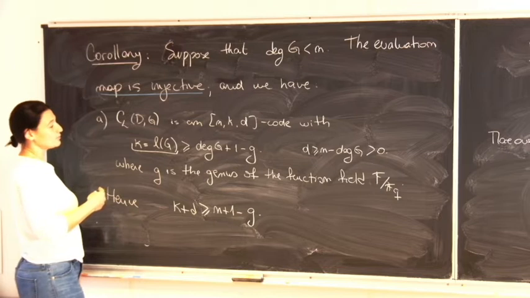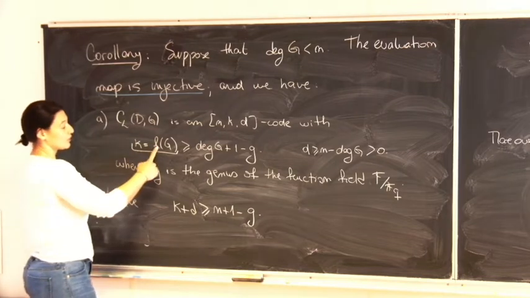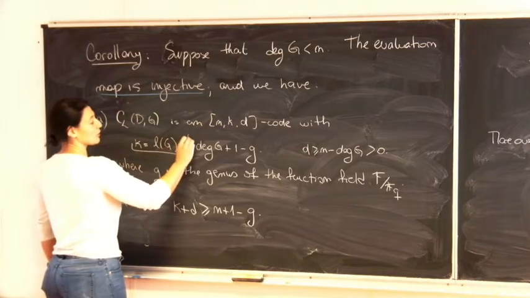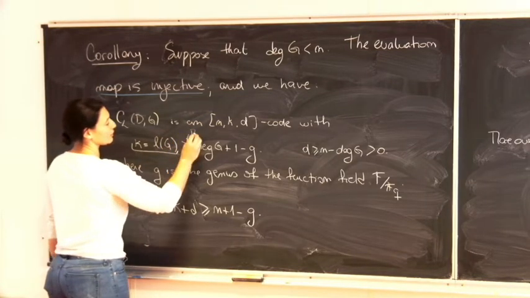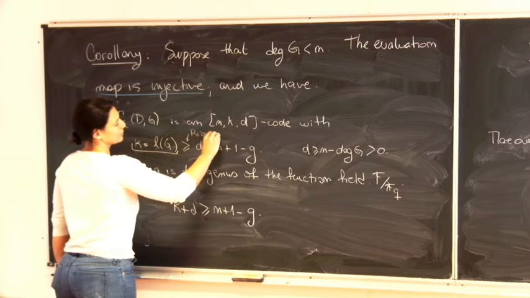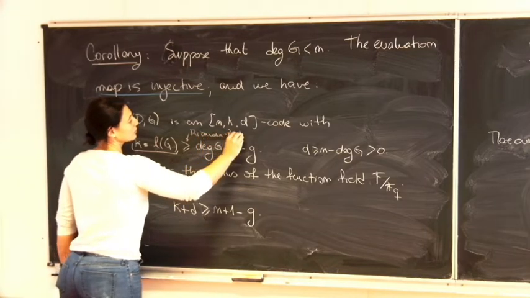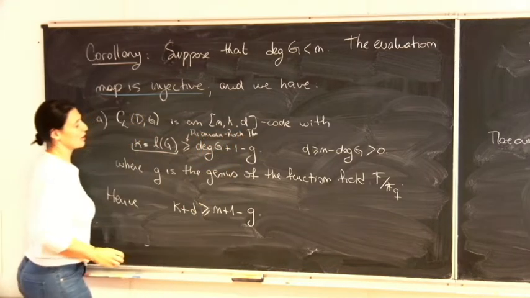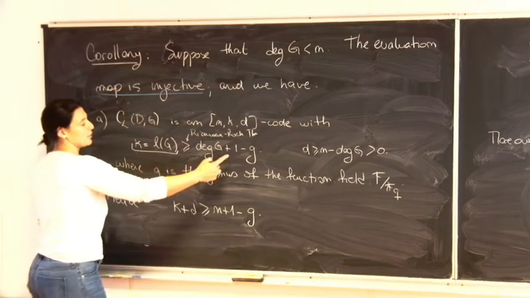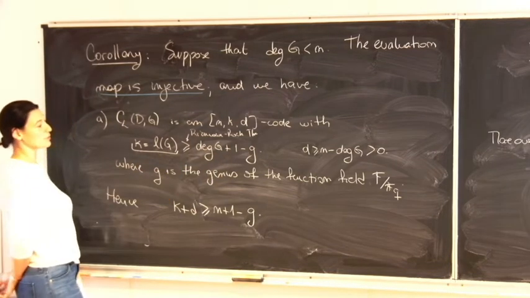And for the Riemann-Roch space associated to G, we know that the dimension, and this is by the Riemann-Roch theorem or a consequence of that, we know that this is bigger or equal than degree of G plus 1 minus g.